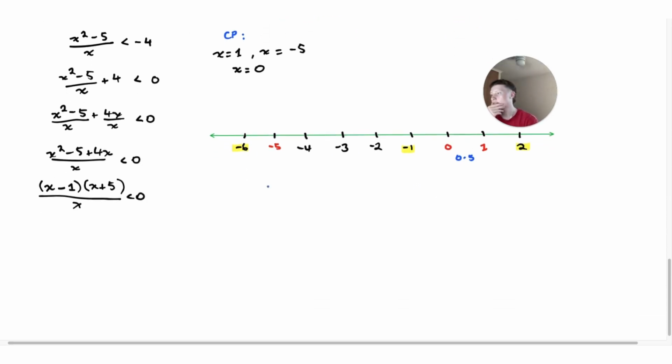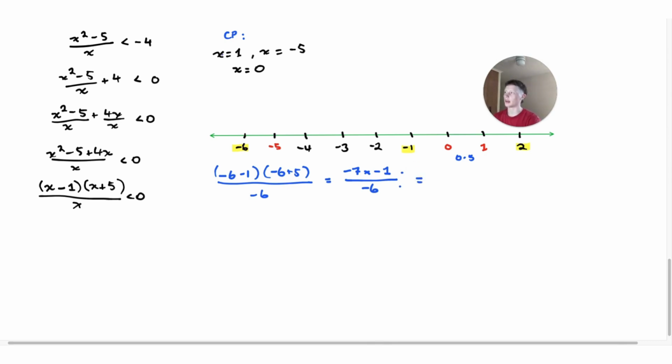All right, let's start with -6. So if we substitute -6 in, we're going to get -6 minus 1 times -6 plus 5 over -6. That's going to be -7 times -1 over -6. So can we see that that's going to be a negative over a negative?